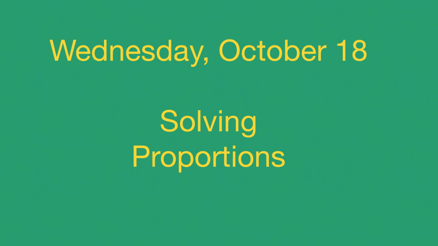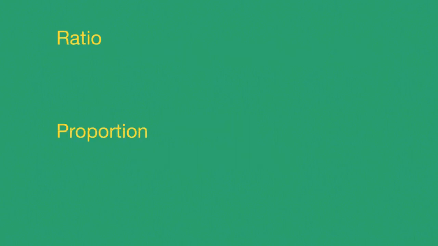Okay? First thing, let's go ahead and talk about the word ratio. Ratio, more or less, is just a mathematical word that means fraction. It's one number over another number. It's the comparison of two things, one number over another number, okay?